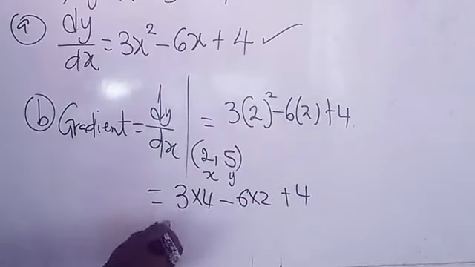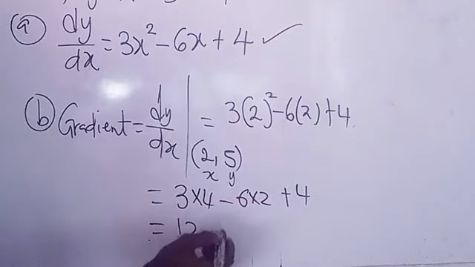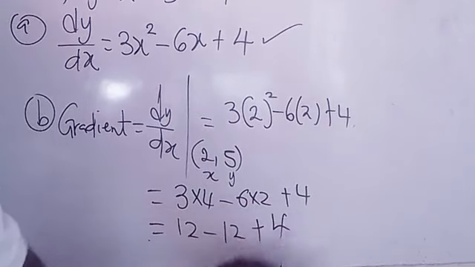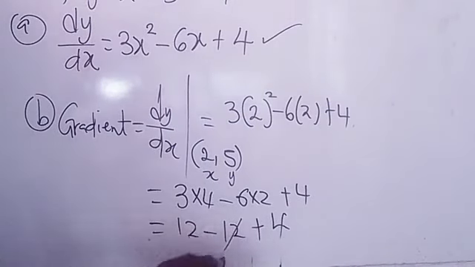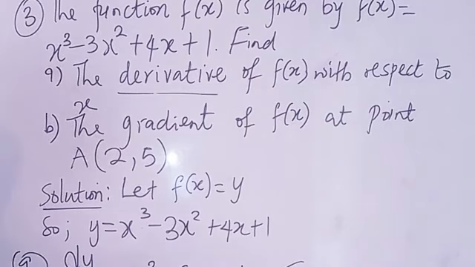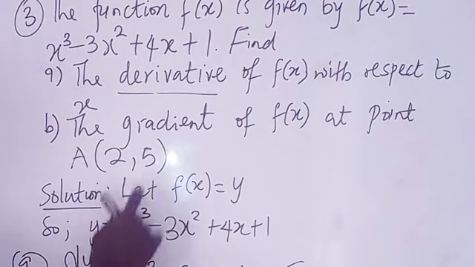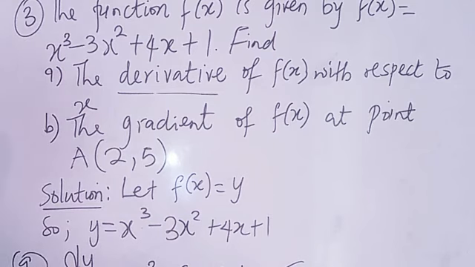Now here, 3 times 4 is 12, minus 6 times 2 is 12, then plus 4. Now, according to what you have here, 12 minus 12 will give us 0, so they will be cancelled. Then we're going to have the gradient to be 4. So therefore, the gradient of f of x at this point is 4.